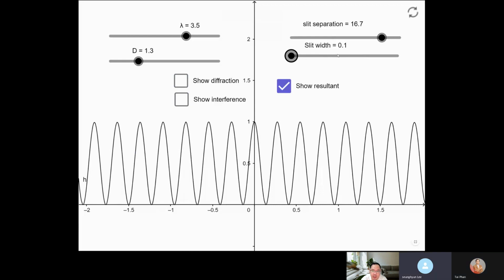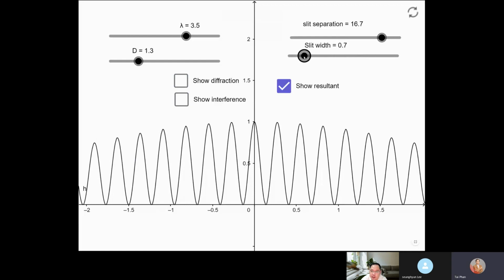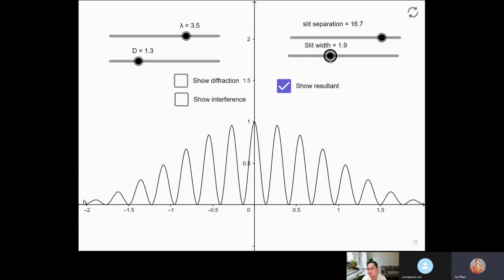When the width of the slit is extremely small, comparable to the wavelength, it is only interference, because the slit is so narrow that it is like only two waves, one passing through one slit and one through the other. But if we increase the width, from one slit, one wave can separate into many waves.